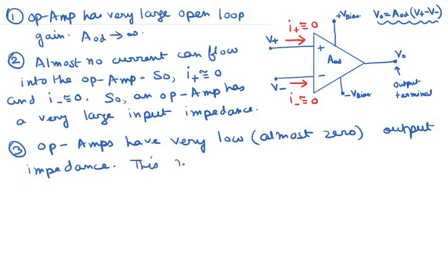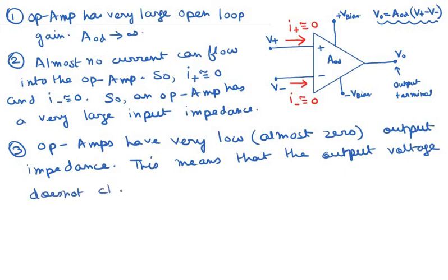This means that the output voltage does not change with the output current, or the output current can actually change without a change in the output voltage.